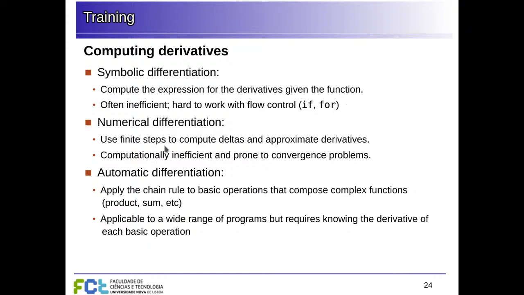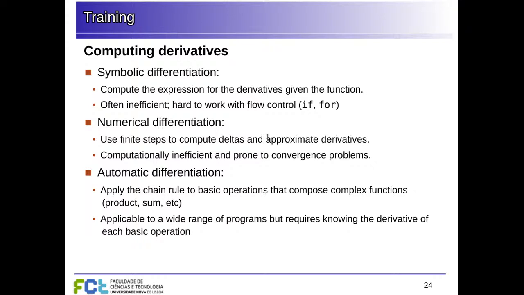Another possible approach is doing numerical differentiation. In this case, what we do is we compute different small steps for our function, and we estimate the derivatives by looking at the differences of the output values when we do these small steps. So we do increments of a small delta and estimate the derivative from there.